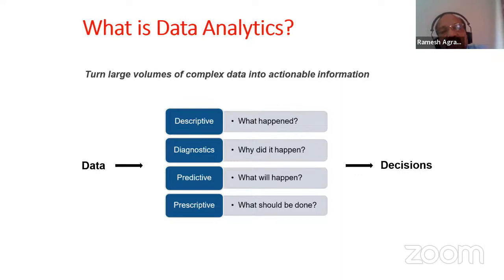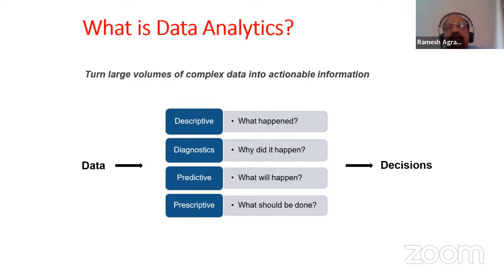So let's say you have a surveillance system. It is continuously recording data. And if some event is happening which is not desired, the system can raise an alarm. Okay.